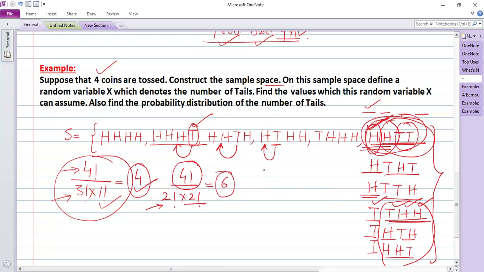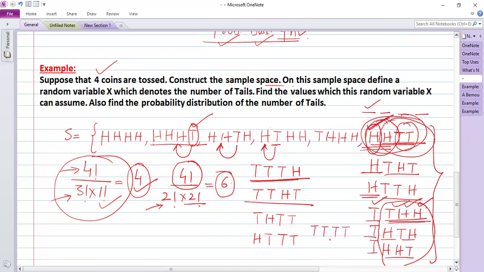And similarly, we will have 3 tails and 1 head. Even this will have tail, tail, head, tail, head, tail, and head, tail, tail, which means 4 permutations. And the last point of the sample space will be all tails.